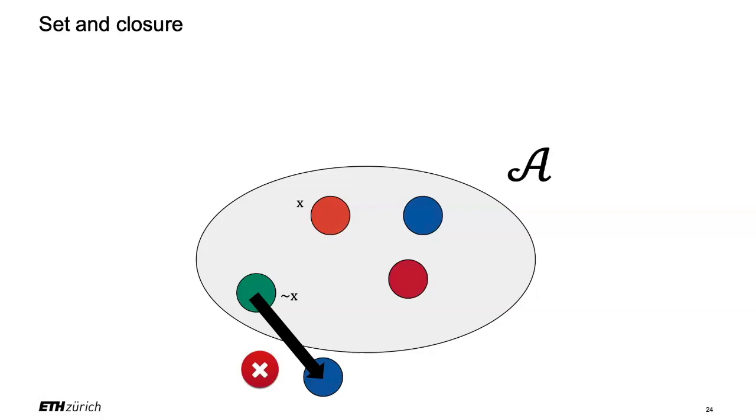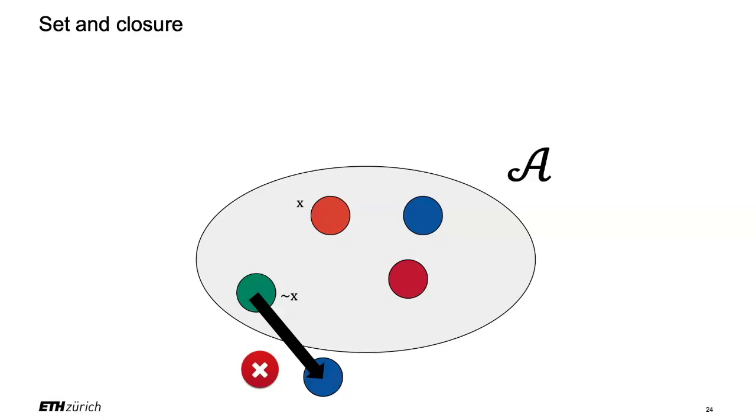Now, here's an example of that. If I take the set of positive integers, right? 1, 2, 3, and so on. And if I use minus, so the tilde would be minus. Do you agree that if I take 2 and I apply minus, that would be minus 2? Minus 2 is not a positive integer.